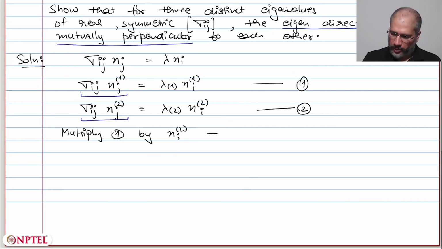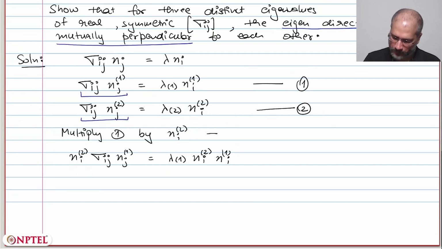So when we multiply equation number 1 by n2i, this becomes n2i sigma ij n1j equals lambda 1, I'll keep on the left just for convenience of writing, and then we have n2i times n1i. Now in the indicial notation, it doesn't matter what order we write the different tensorial quantities in a term.